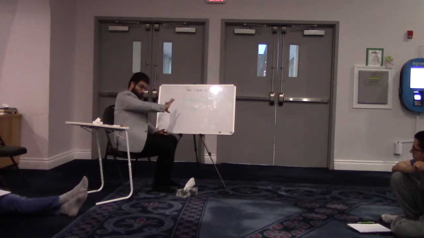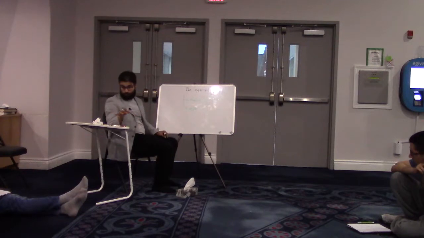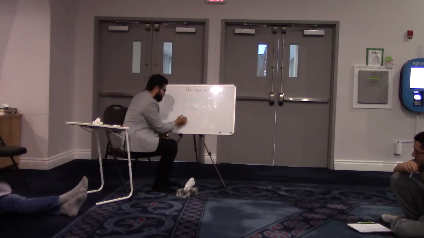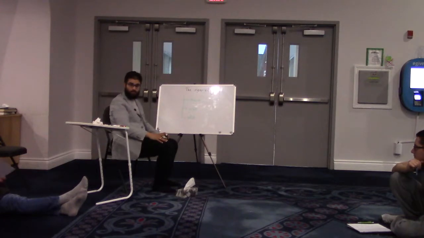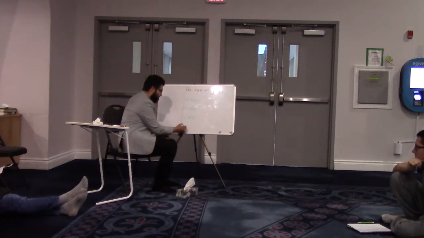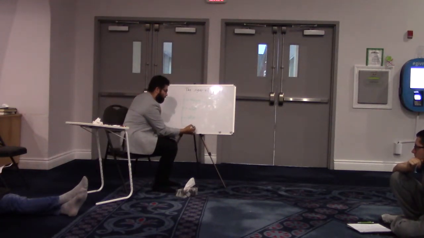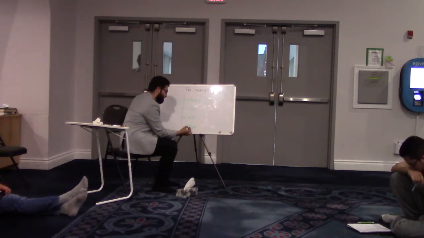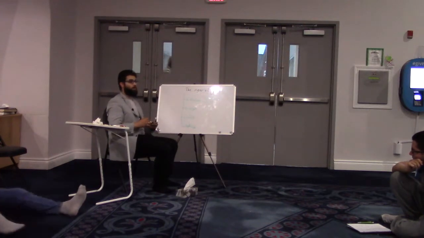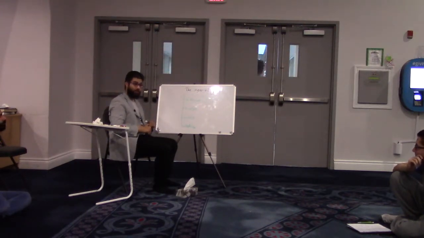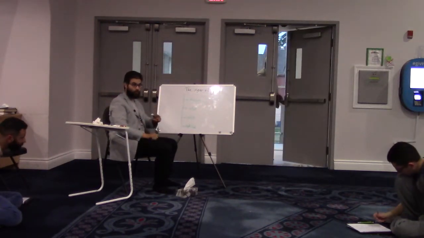And I'm going to give you examples so you know exactly what we're talking about in a second. والألف, the letter alif sometimes will be the sign of rafa'. And ثبوت النون, the existence of the letter noon at the end of some words, will be examples or signs that this word is marfu'.